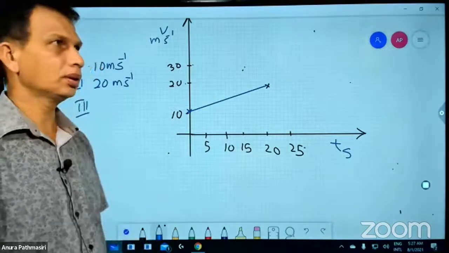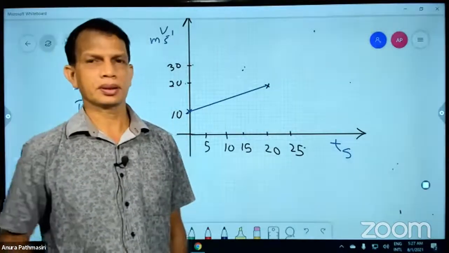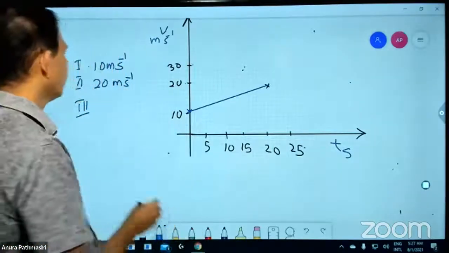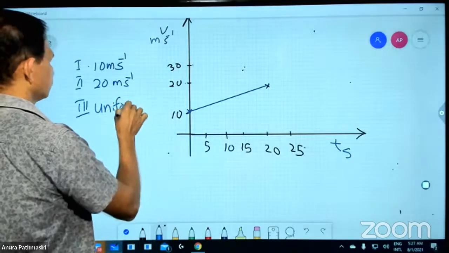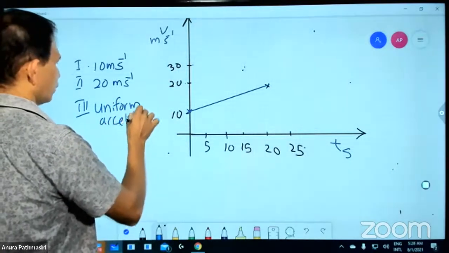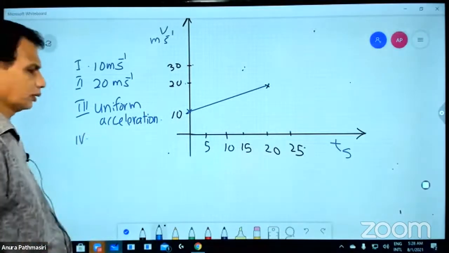Yeah, acceleration is okay, but what sort of acceleration is it? Uniform acceleration.